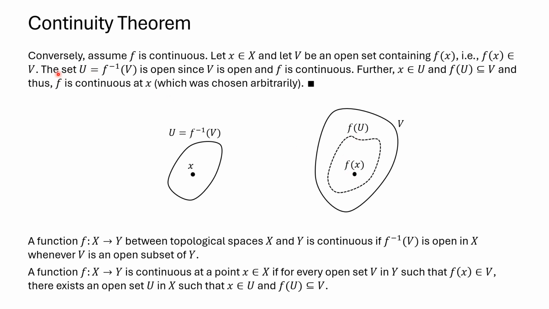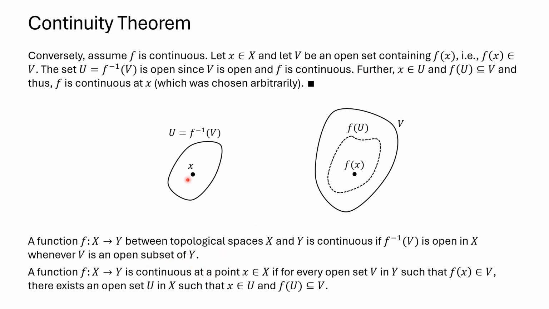Then the set u equals the inverse of v here is open, since v is open and f is continuous. That follows from the definition of continuous function, which I've copied down here.